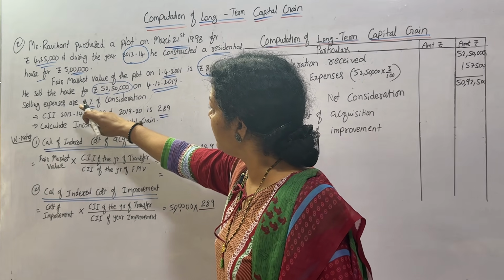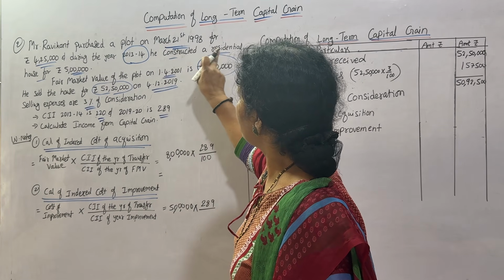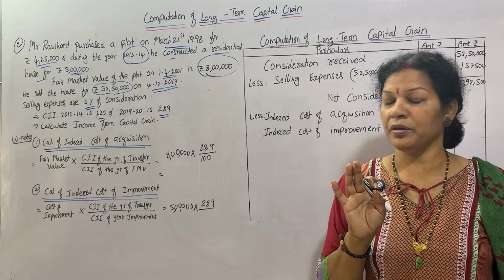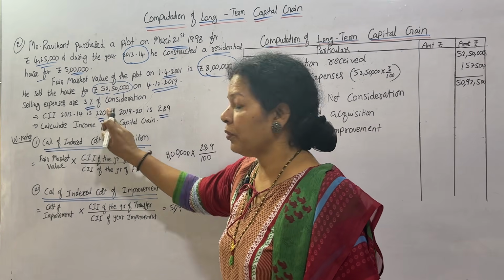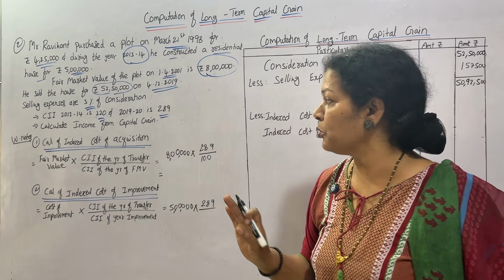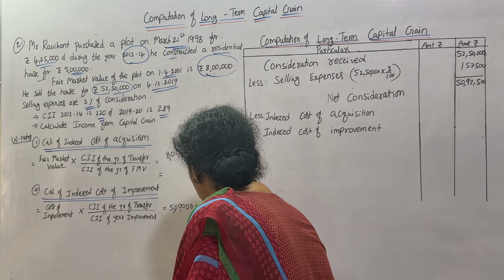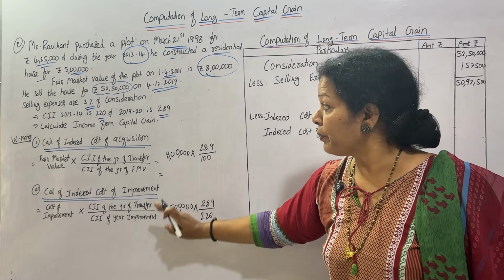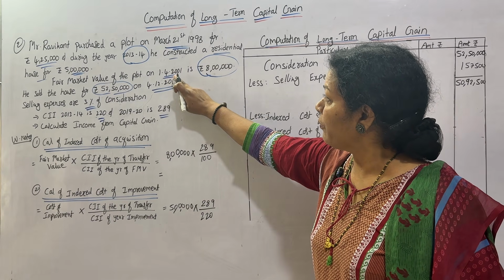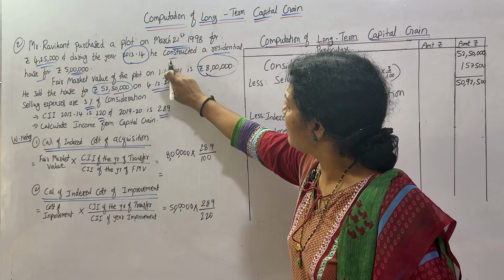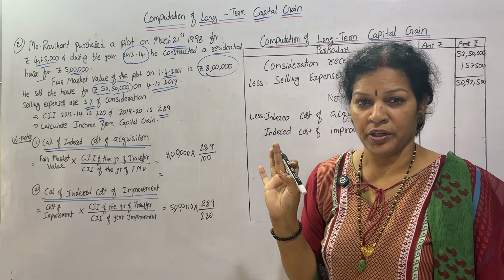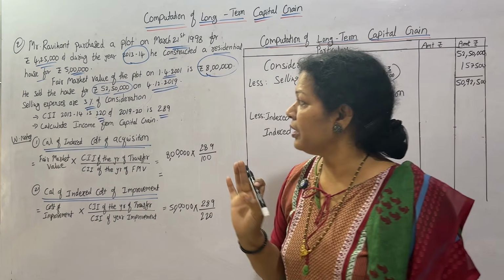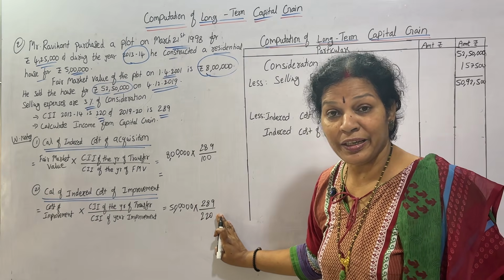He constructed it in 2013-14, and the CII for 2013-14 is given as 220, so we take 220.